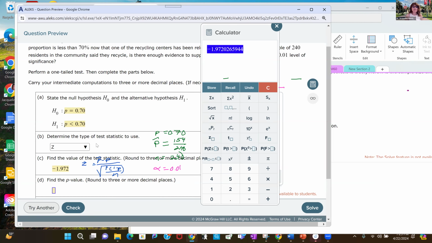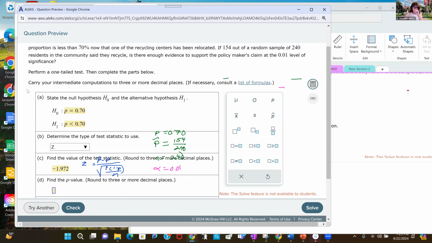Negative 1.972. So that's our test statistic.